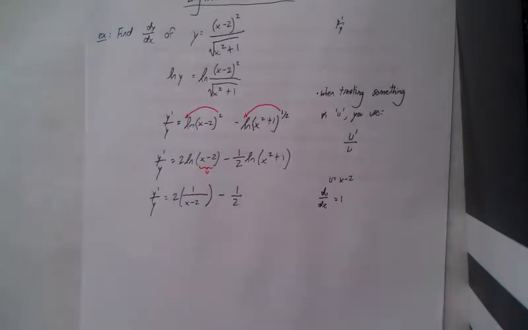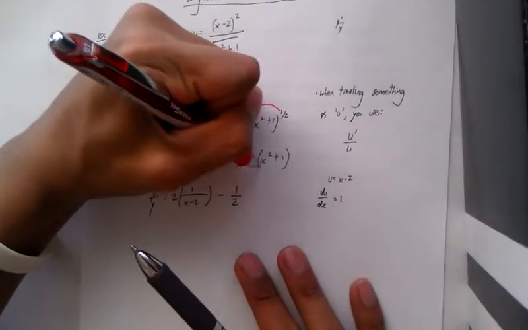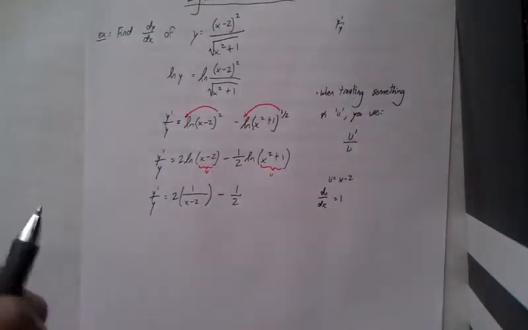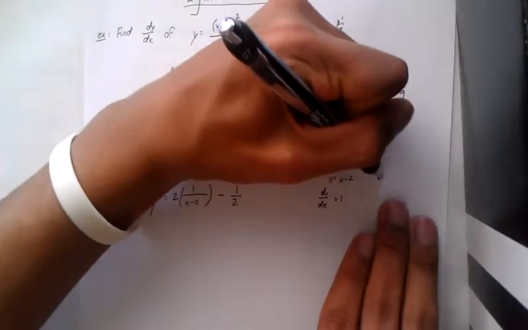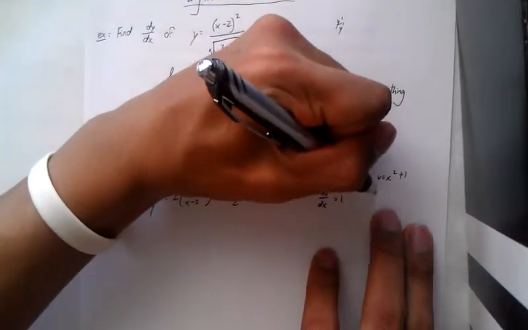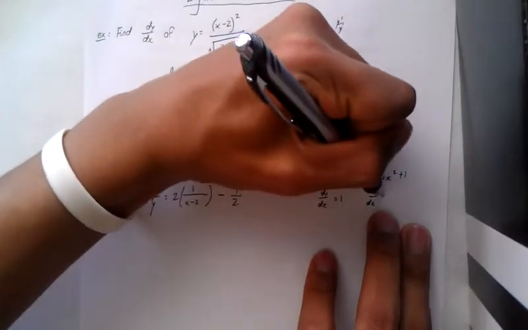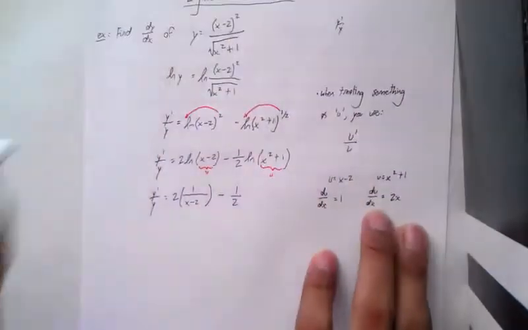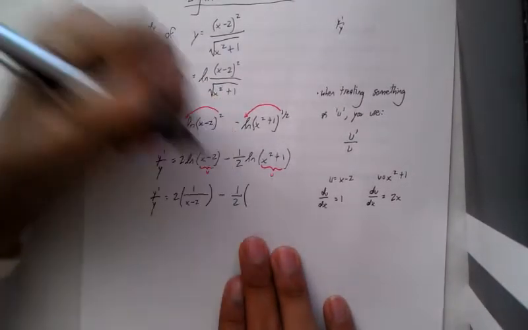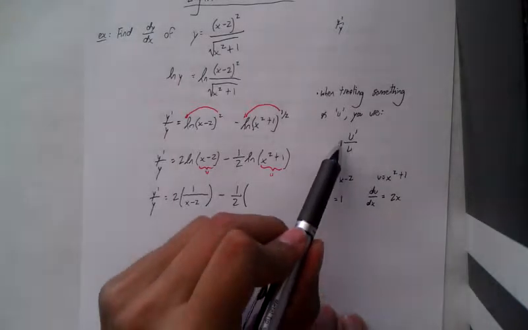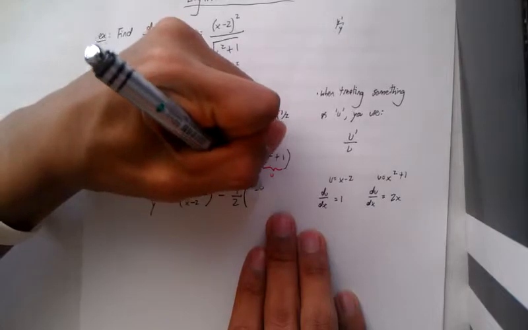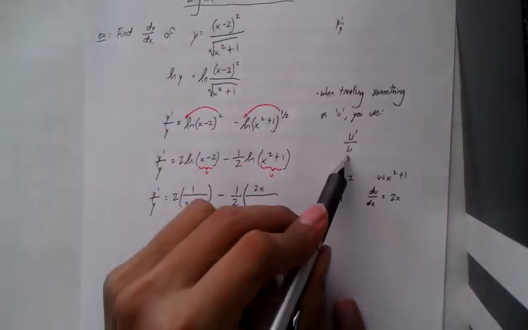Now minus 1/2, just bring that down. Now for this one, our u is going to be x squared plus 1. So if I go over here and do side work, u equals x squared plus 1, du dx, the derivative, will be equal to 2x. So this is going to be multiplied by, once again, u prime on top. In this case, that's 2x over u.